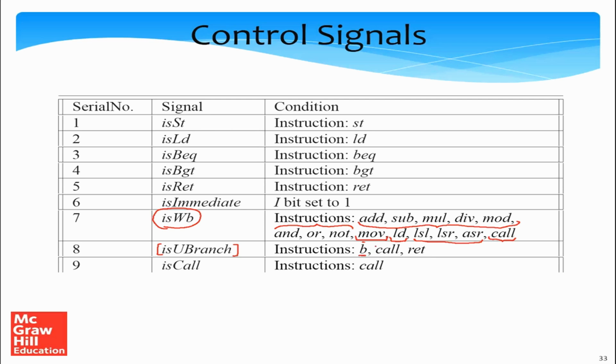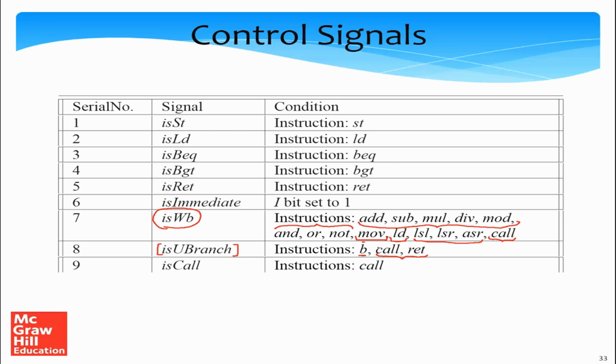B is for branch, so that will be covered. And this condition is also true when we have the call and ret instructions. Call and ret instructions are also unconditional branches, so that's the reason this instruction also comes in that.